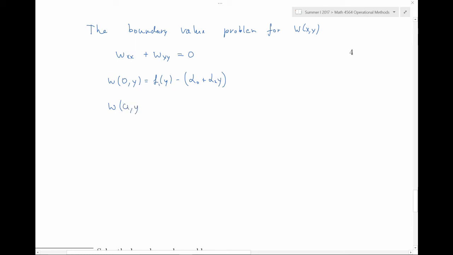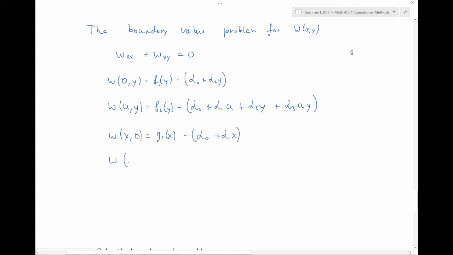W of ay will be f2 of y minus alpha naught plus alpha 1a plus alpha 2y plus alpha 3 a times y. W of x0 will be g1 of x minus alpha naught plus alpha 1x.